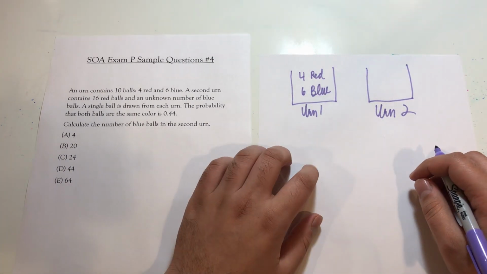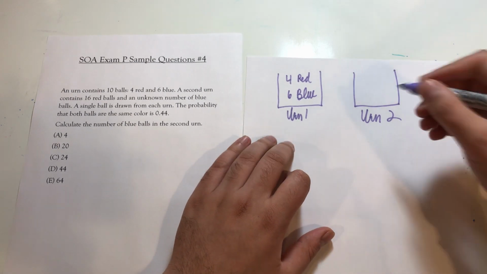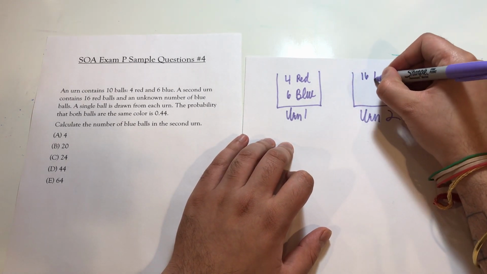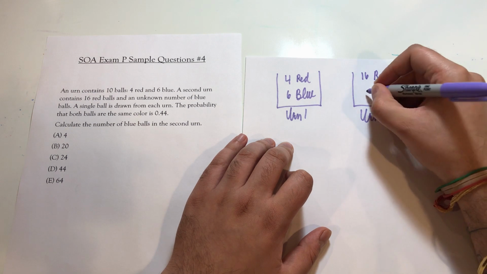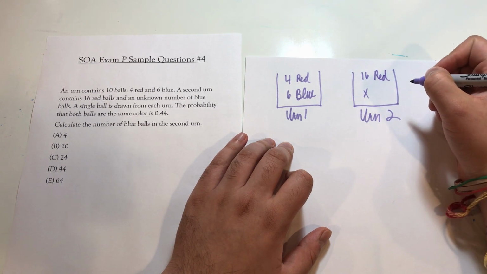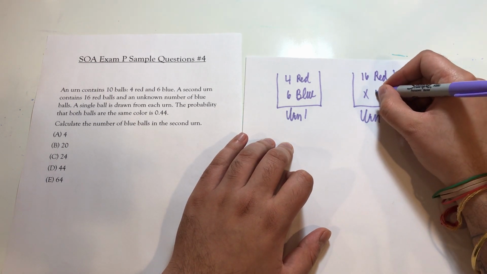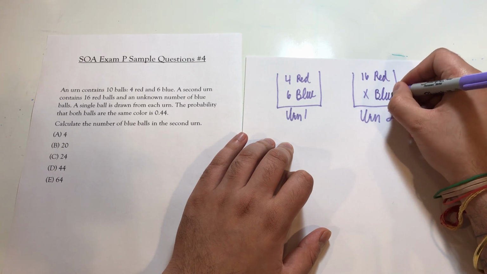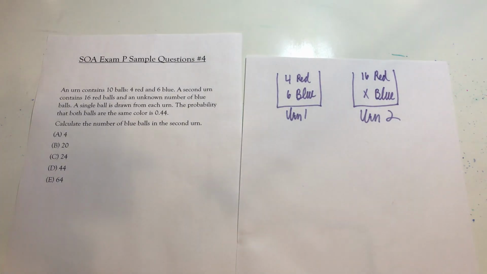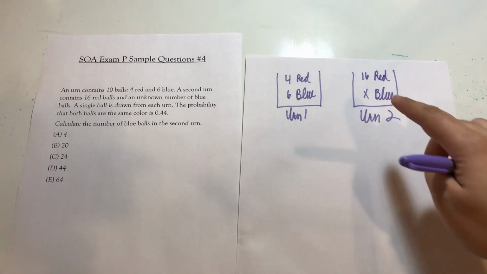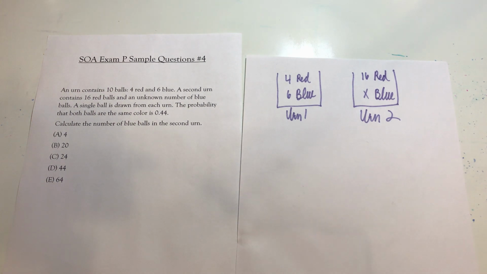In the second urn, 16 red and an unknown number of blue. I'm going to make it X, the unknown number of blue. And then it says the probability that both are the same color is 0.44. So we want to know how many blue are in the second urn.